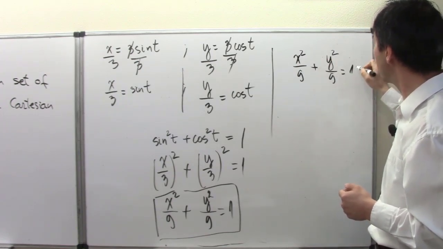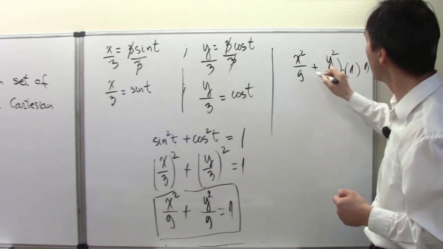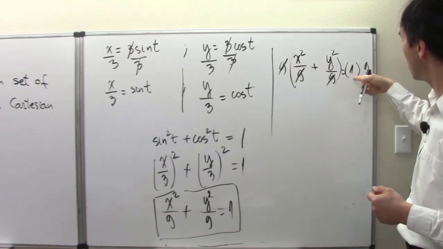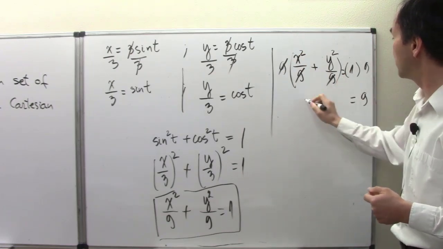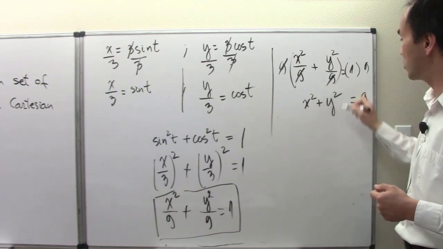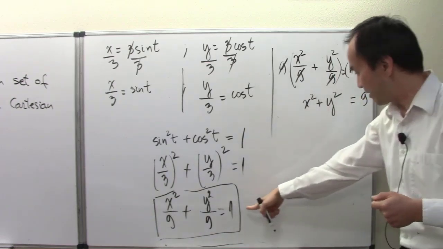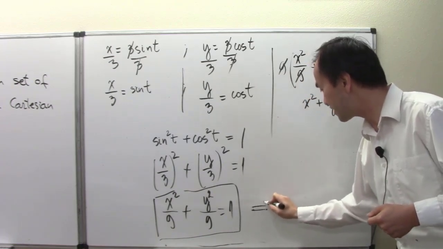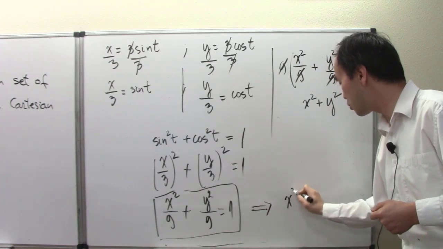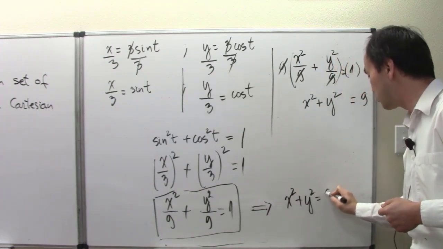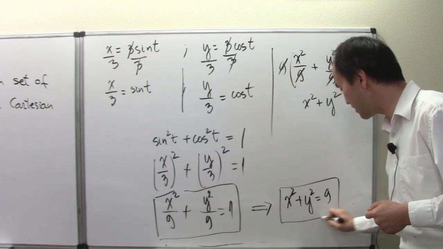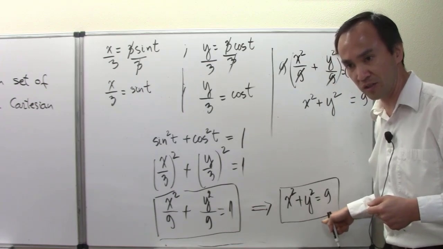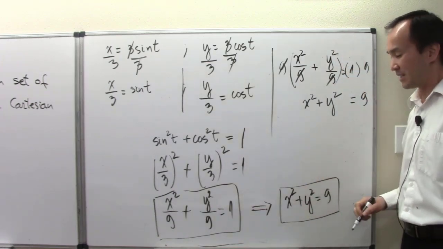If we multiply 9 to the right hand side and to the left hand side, the 9s cancel, and the 9 multiplies with the right hand side being 1. We're looking at x squared plus y squared equals 9. So the same equation, algebraically, turns into x squared plus y squared equals 9. Another even more simplified version of the Cartesian equation. Same equation, just a more rearranged and simplified version.